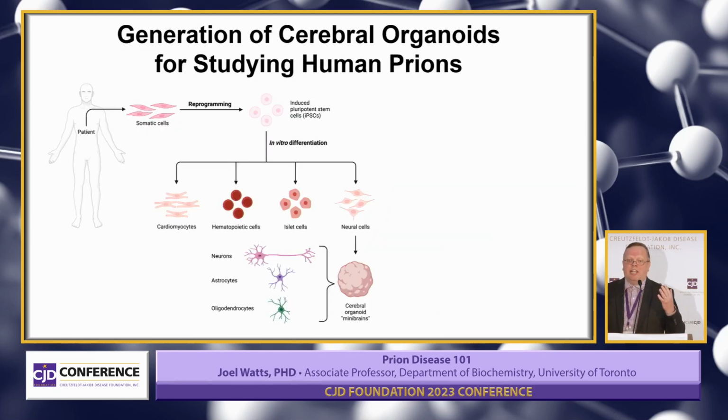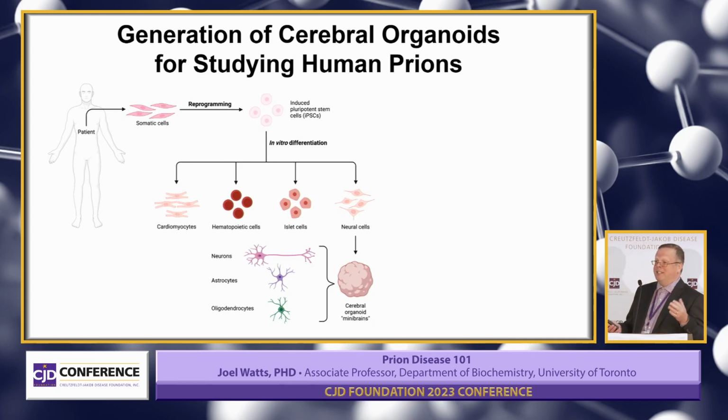And even more cutting edge, and you're going to hear a talk about this tomorrow, are these so-called cerebral organoids. You can take stem cells and convert them into brain cells, which then aggregate together and form what are called mini brains. So it's like a miniature human brain that you can study in a petri dish.